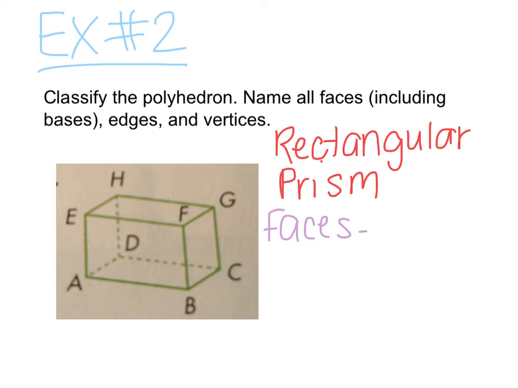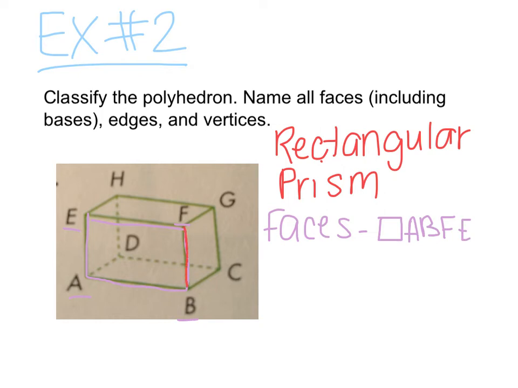And we name them by the points that they're connecting. So we have this side right here, which is A, B, F, and E. And since this is a rectangular prism, we draw a little square in front. So we have A, B, F, E.